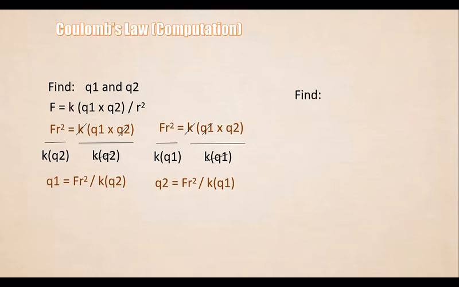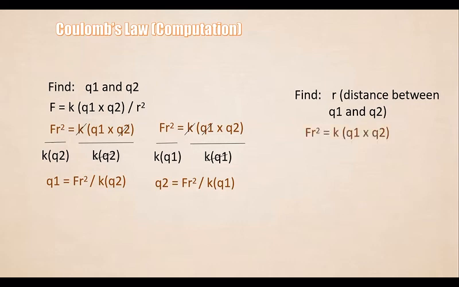Lastly, to find the value of R or the distance between two charges, we will do the same procedure. So we will use again the product of cross multiply of the equation, which is F R square equals to K multiplied by Q1 and Q2. Then divide both sides with what we need to be cancelled.